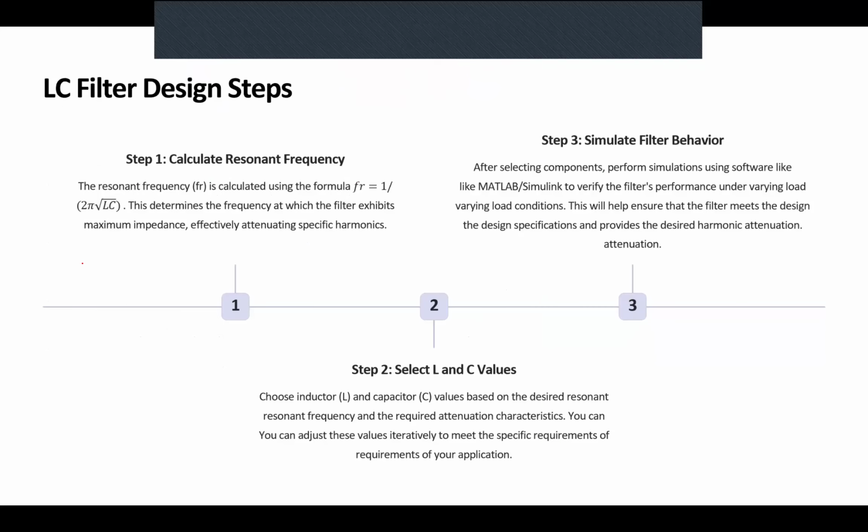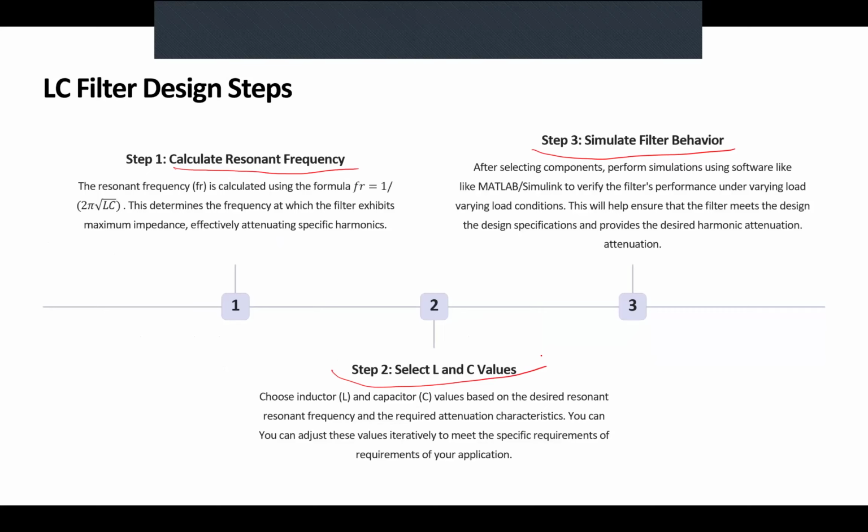You calculate the resonant frequency or cutoff frequency. I have an example in the next slide. You simulate the behavior of your design, and based on your simulation, you select your L and C.